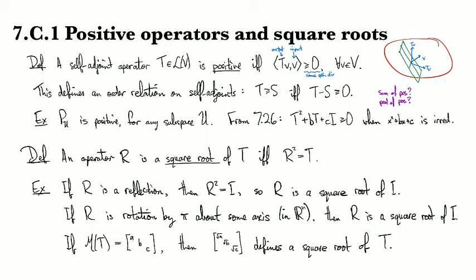The standard terminology is that whenever you see this symbol, unless somebody deliberately puts a minus sign in front of it, you always assume that this is the positive square root. But we could choose a negative square root here or there if we wanted to, and it would still define a square root of T. So how many possible square roots does a diagonal operator have? If the diagonal operator has n entries coming down the diagonal, then it's going to have 2 to the n square roots like this, because you've got 2 choices for each of those n signs.